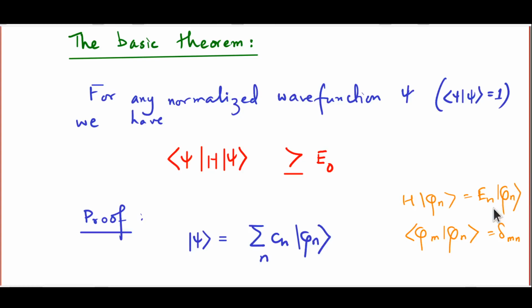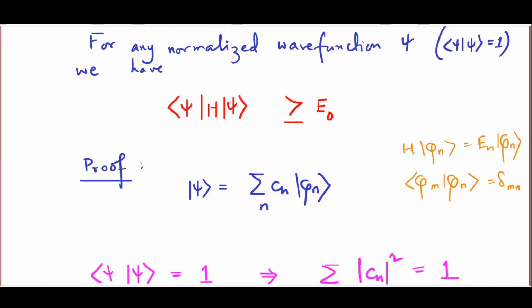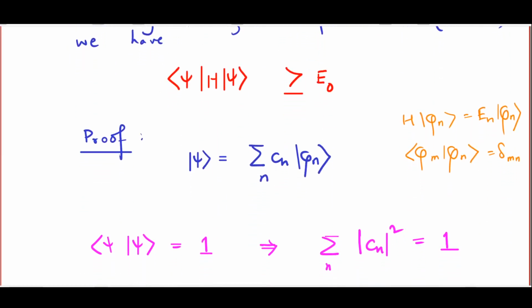The normalization condition on the eigenkets phi m's and the fact that the ket psi is normalized leads us very simply to this result, which I'm pretty sure all of you are very familiar with. And you all know that this allows us to interpret the Cn mod square quantities as probabilities of finding the system in the state phi n if you know that it's in the state psi.